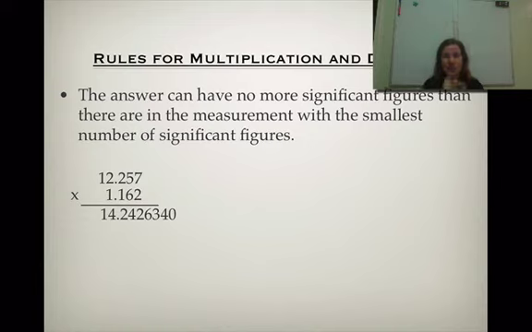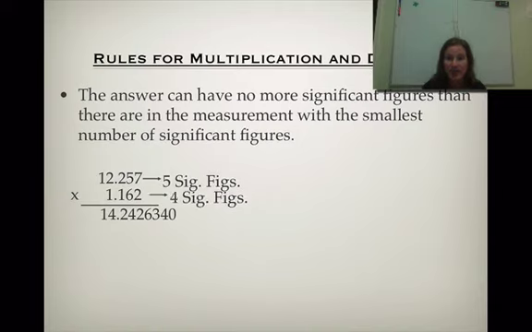If you look at the 2 numbers you put into the multiplication, okay, the 12.257 and the 1.162, you just have to go back and ask yourself, how many significant figures are there in each of my numbers that I used to calculate? The top one has 5, the bottom one has 4.